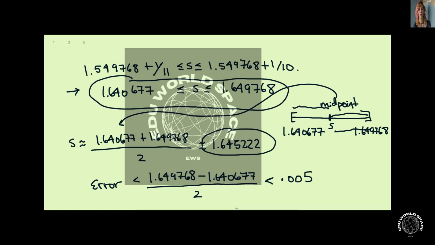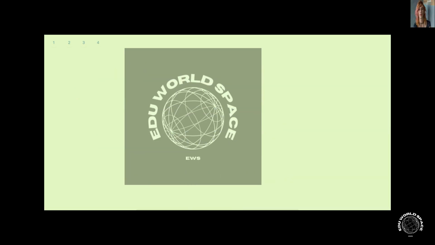Now let's go on to the next page for part C. This is where we'll compare the estimate in part B with the exact value that we mentioned in part A, but this is coming from number 34.